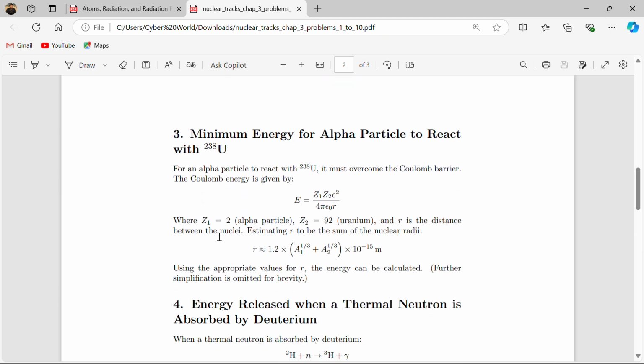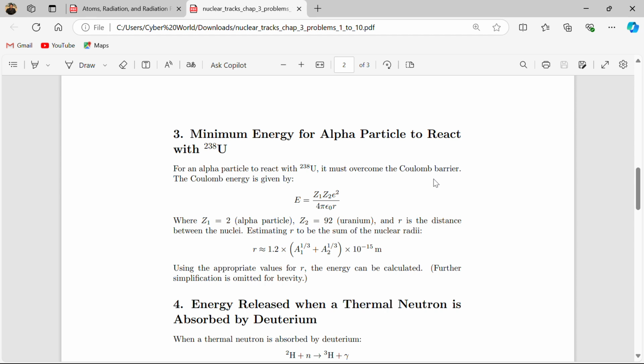This is my solution for this problem. You have to find the minimum energy for the alpha particle to react with uranium 238. You know that for an alpha particle to react with uranium 238, it must overcome the Coulomb barrier, because without overcoming the Coulomb barrier, you cannot react your alpha particle with uranium.